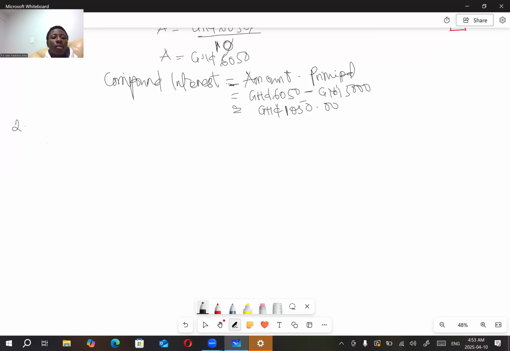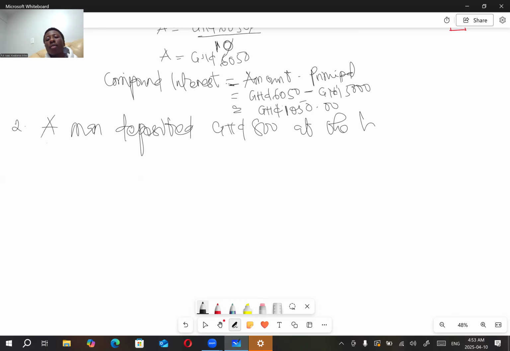A man deposited 800 Ghana cedis in a bank at 12% compound interest per annum.